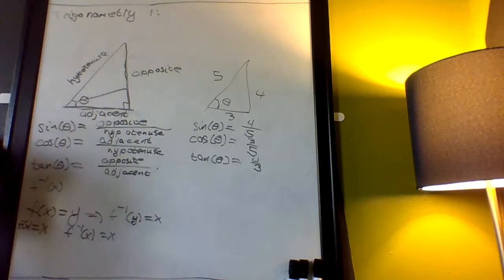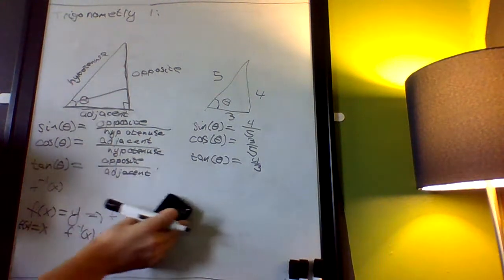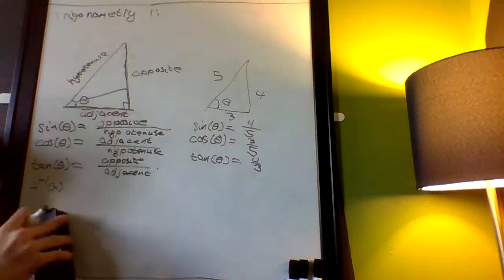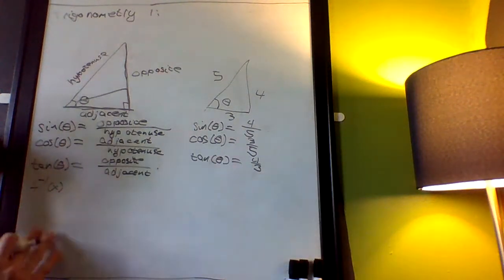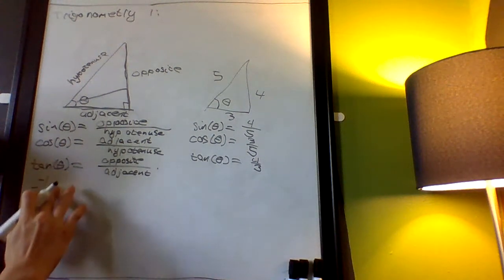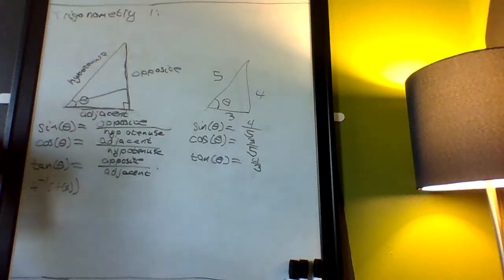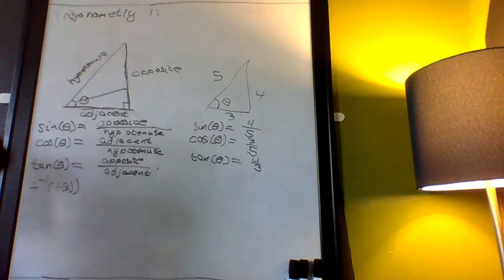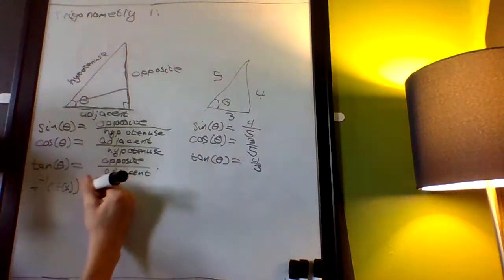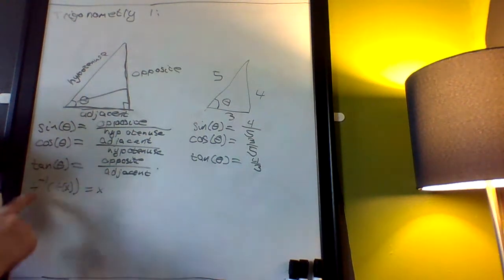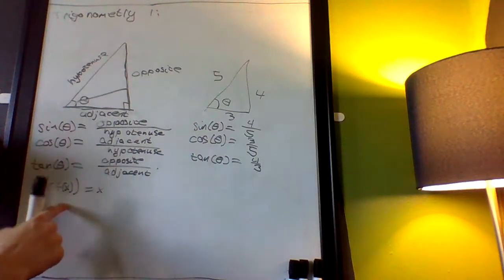Basically what inverse functions do is they cancel out your original function. That's the idea. It cancels out your original function. This returns x because it's applying the inverse to your original function.